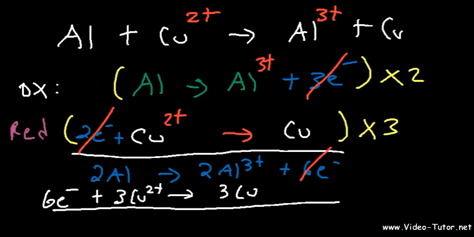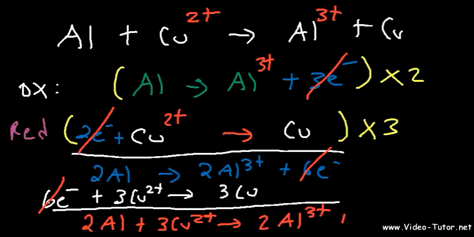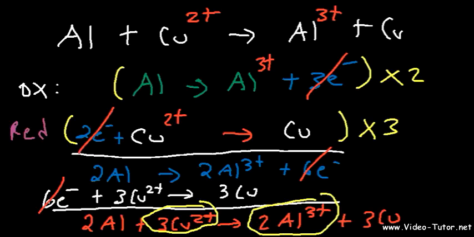As you can see, these cancel, and then we're left with 2Al plus 3Cu2+ on the left side. And on the right side, we have 2Al3+ and 3Cu. And now it's balanced. Notice that the total charge on the left side is the same as the total charge on the right side. 2 times 3 is 6, 3 times 2 is 6. Both sides have a total charge of +6.